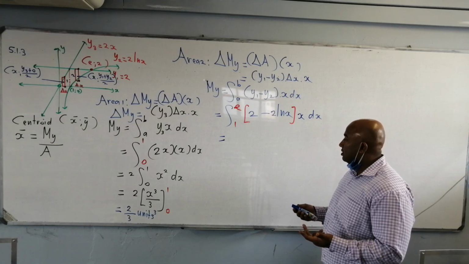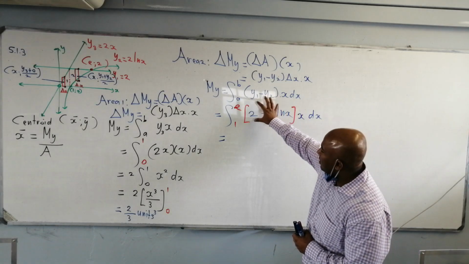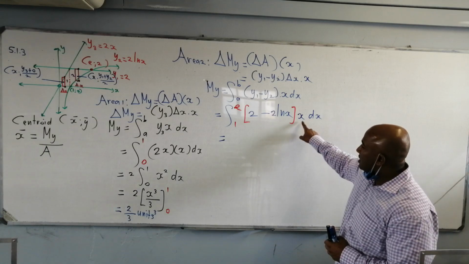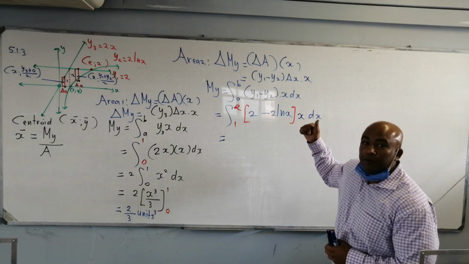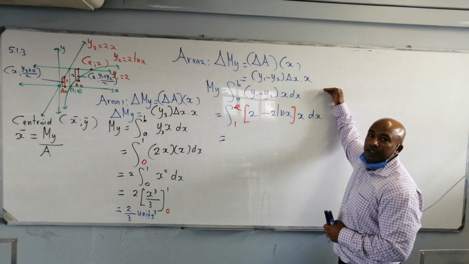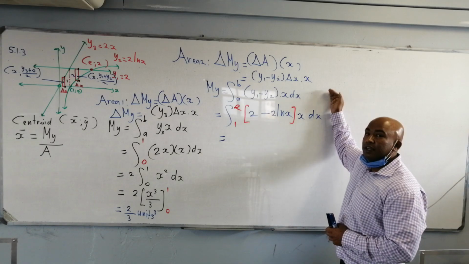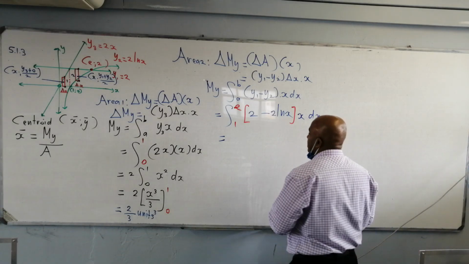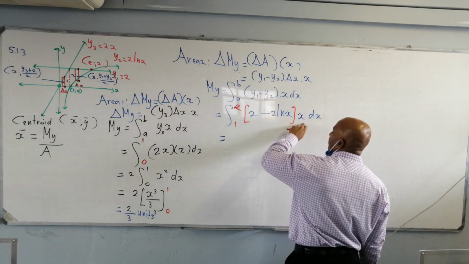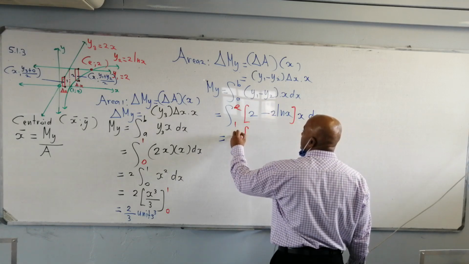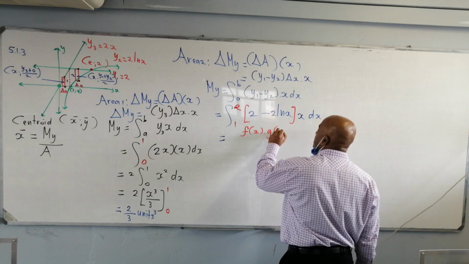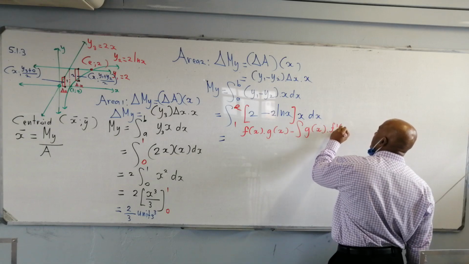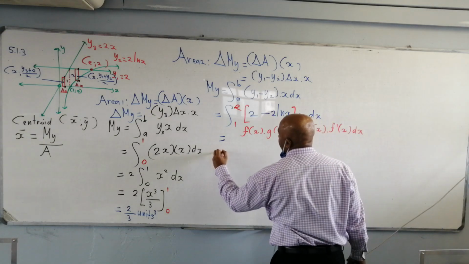But what I'm going to do now is treat this whole thing here as my f of x, and this one will be g prime x, because from your priority list, number 1 is inverse, number 2 is log, so then number 3 is your exponent x. So the formula is going to be f of x times g of x minus the integral of g of x times f prime x dx.